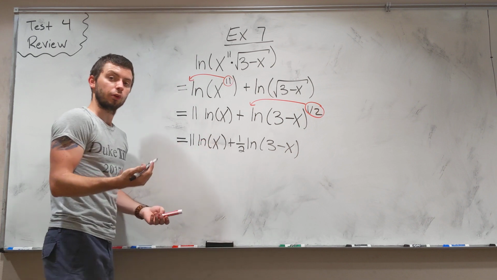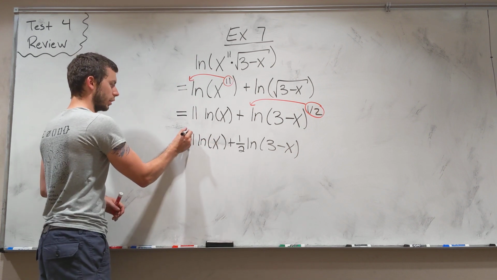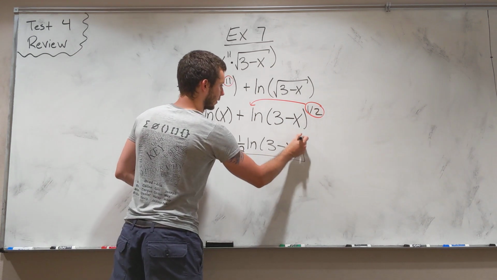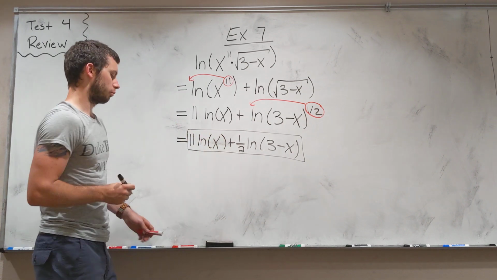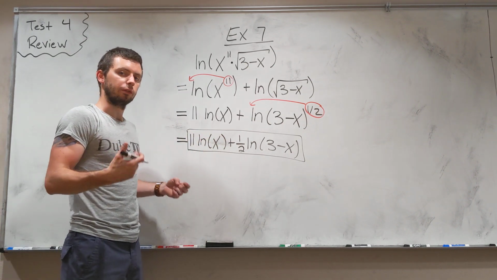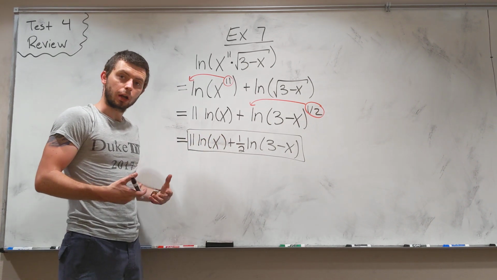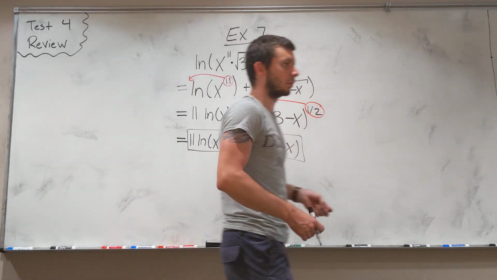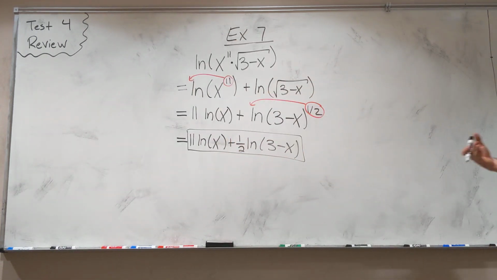As long as you can make that determination, you would get to this right here, where everything left over in the logarithms is devoid of any powers, products or quotients, and that would conclude example 7 here.